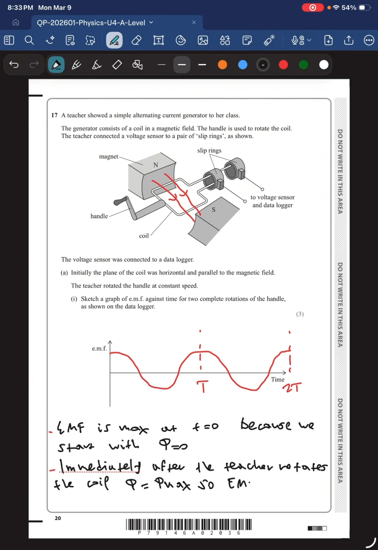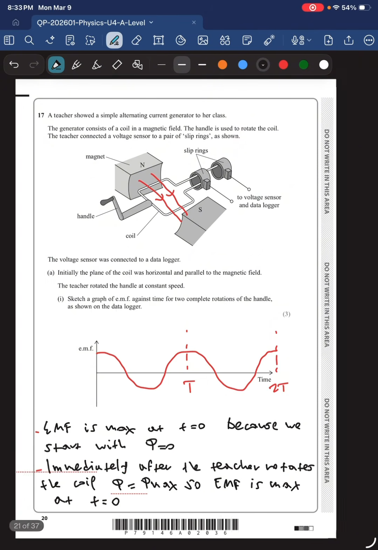So the electromotive force is max at t equals 0. Okay. Yeah, let's move on.